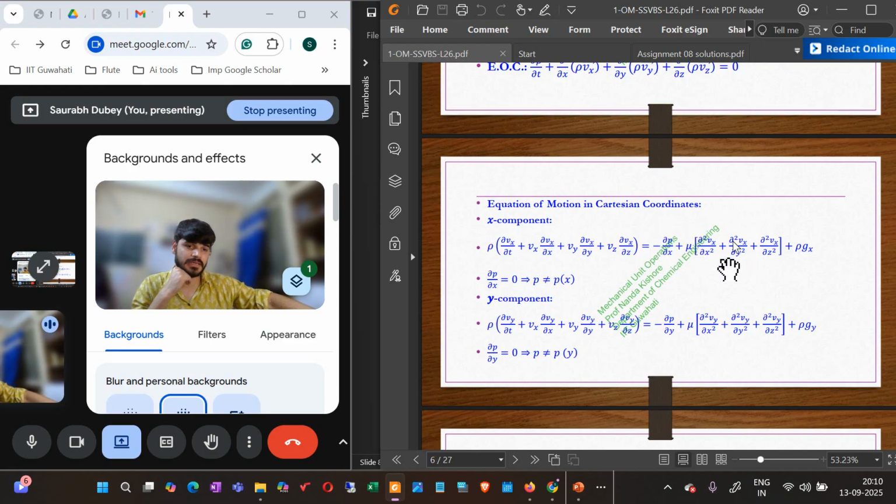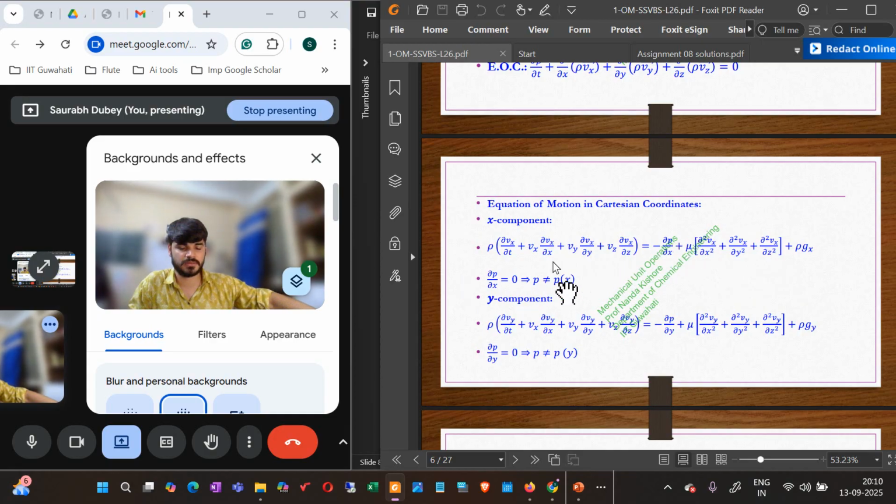Body force rho gx was not considered. So Vx is 0 and this entire term will be 0.